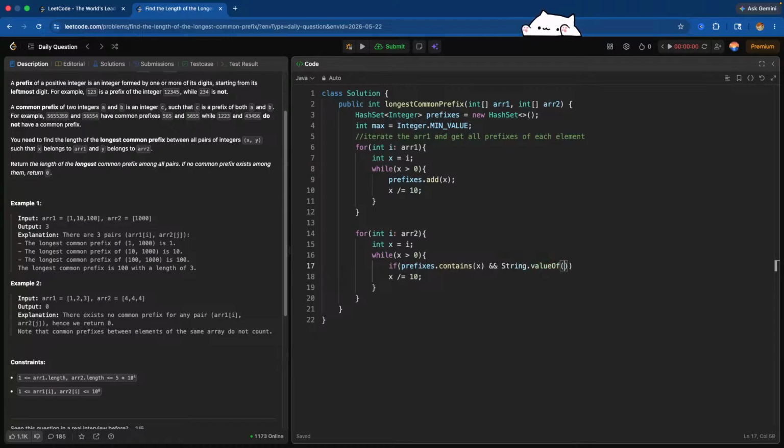If the string value of x length is greater than max, we just put the max value as the string length, and we can just break and return the max.